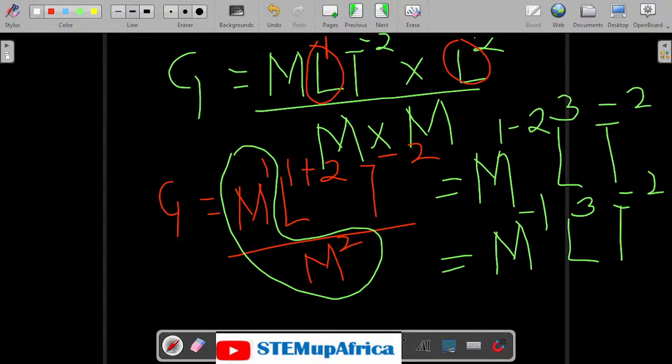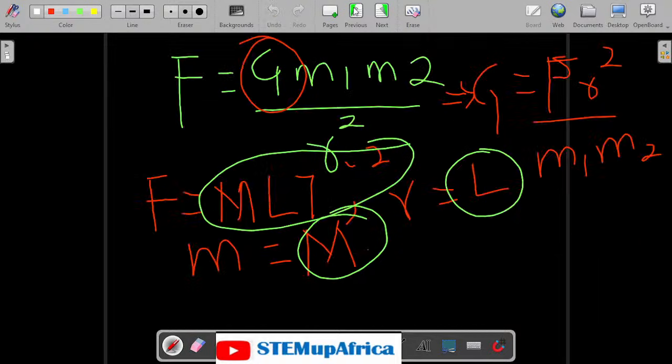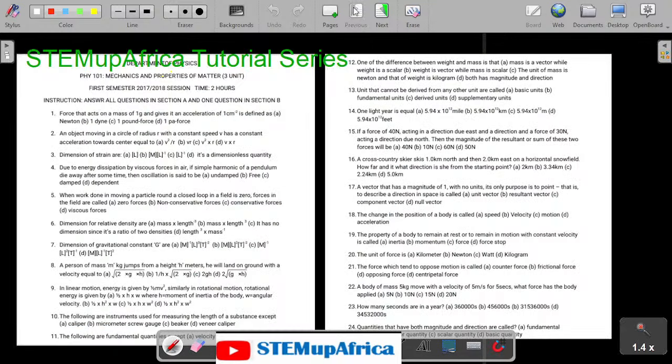So this is the dimension for gravitational constant G. So let's check what the answer could be. The answer is A: M to the minus 1 L raised to power 3 T raised to power minus 2. That is option A for number 7.